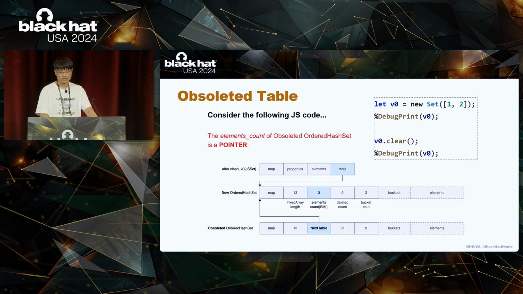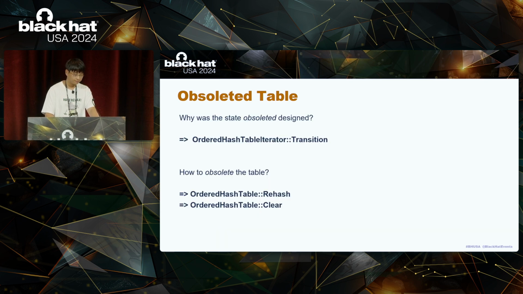That previous hash table is also considered obsoleted. In this way, we can see that the table held in the V8 code after the vulnerability is triggered will have its size property changed from a small integer to a pointer. In this case, the property next table and the property element count share the same memory slots.